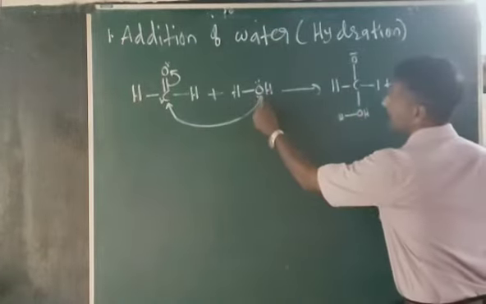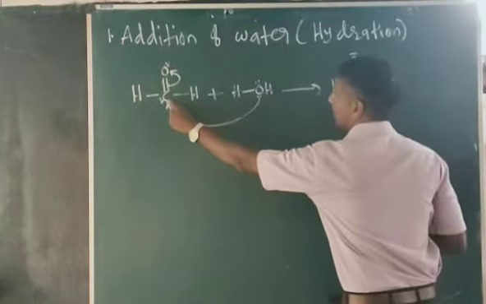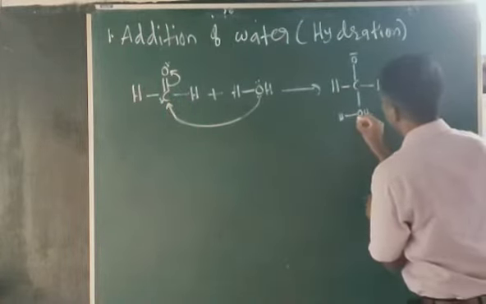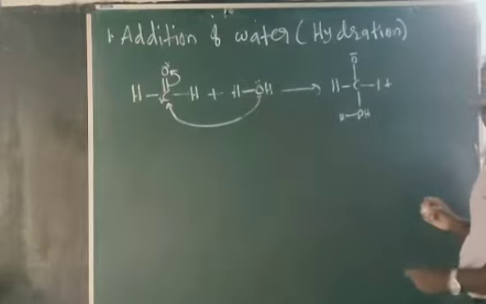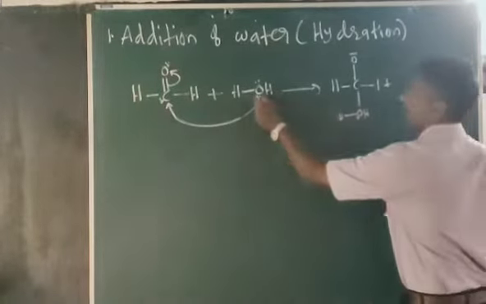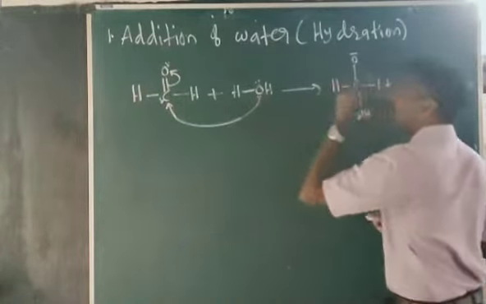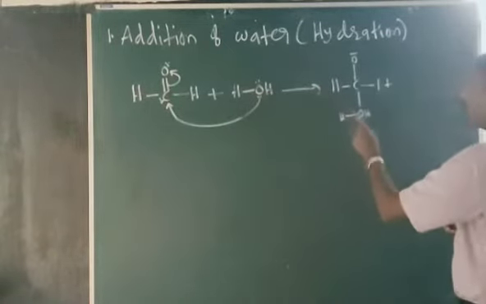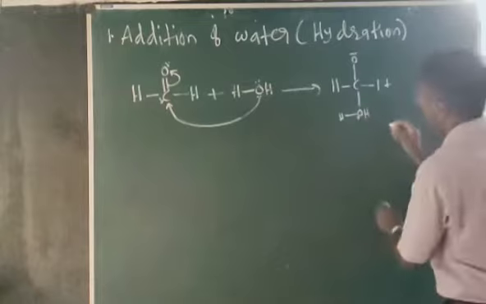And since this pair of electrons is donated to this carbon for making a bond, what will happen to oxygen? Oxygen is getting a positive charge because this pair of electrons is used for making a new bond.